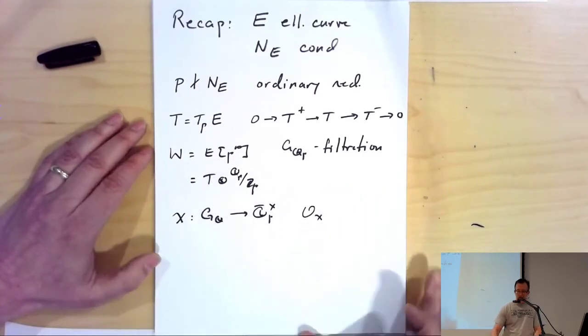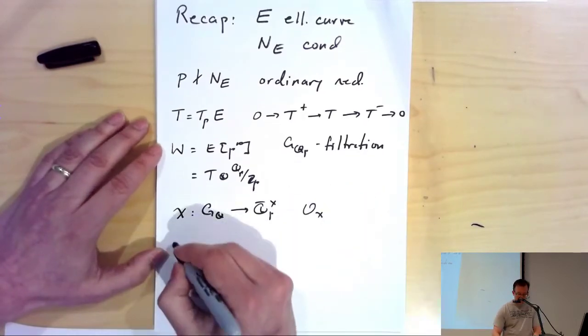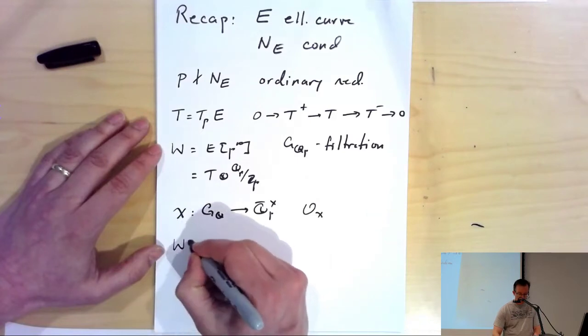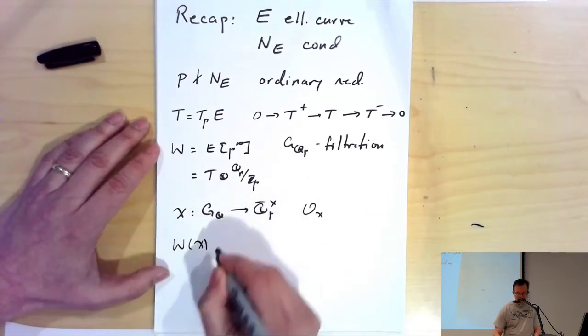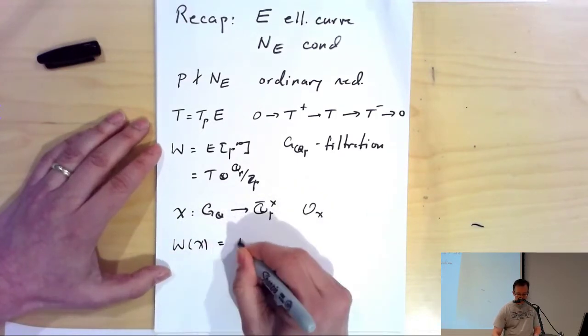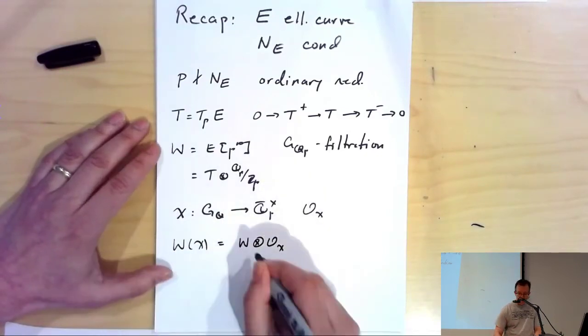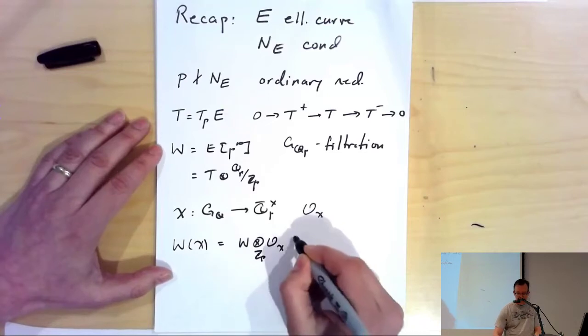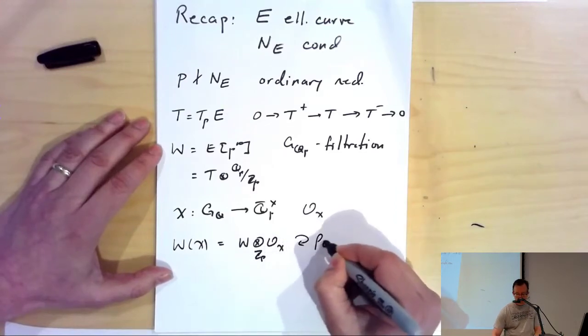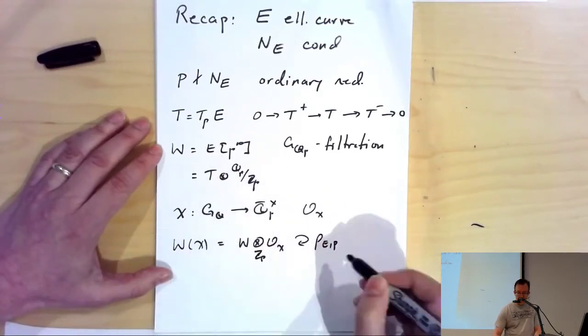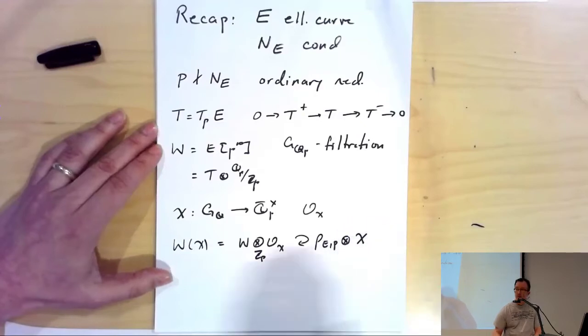I was calling that O_chi. And so then W of chi, or W twisted by chi, was W tensor O_chi over Z_p with the action on the p-divisible group twisted by the action of chi.